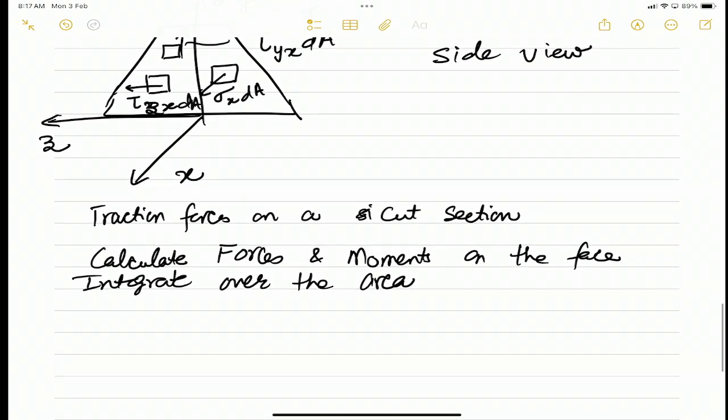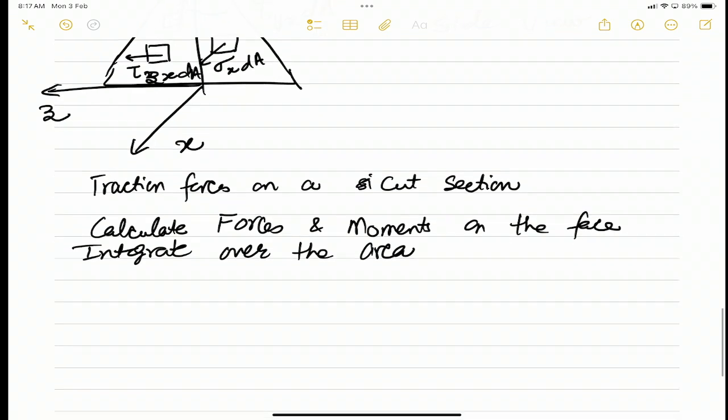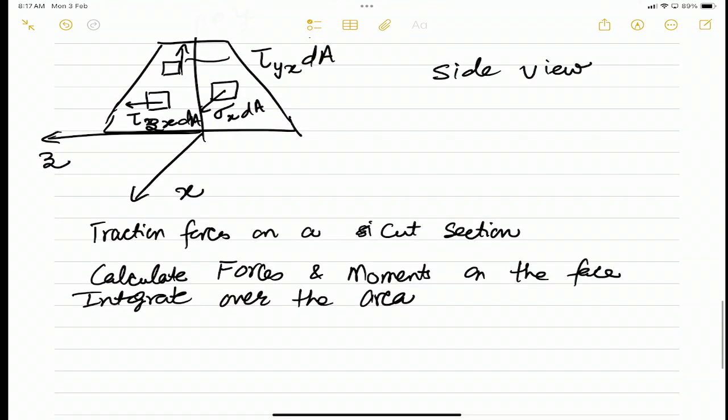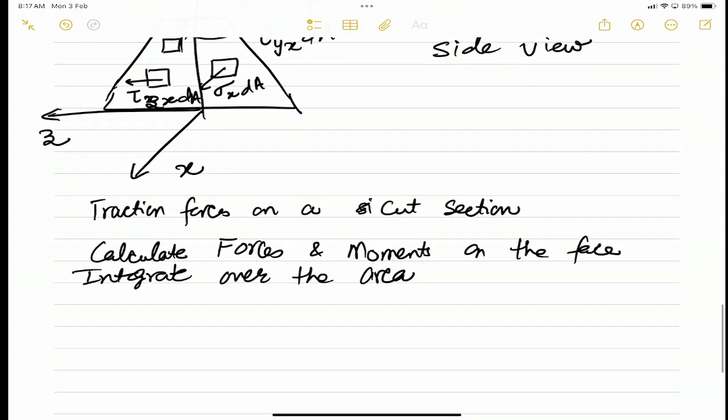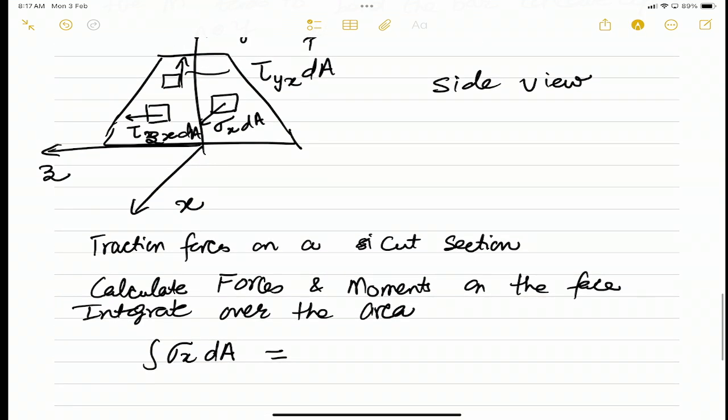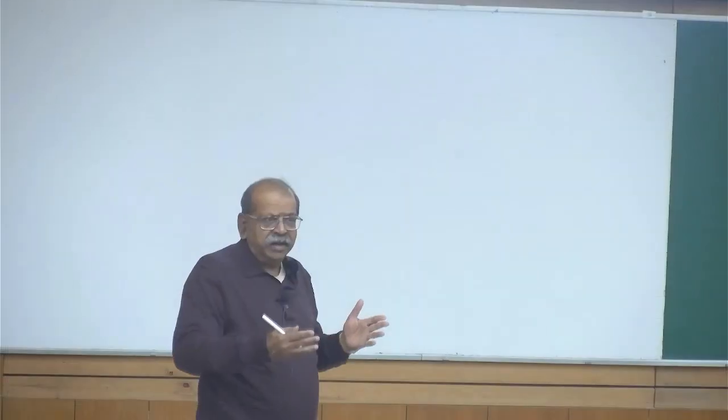So what we will have is, if I integrate all the x forces, I'll have to do an integral sigma x dA on the entire area.